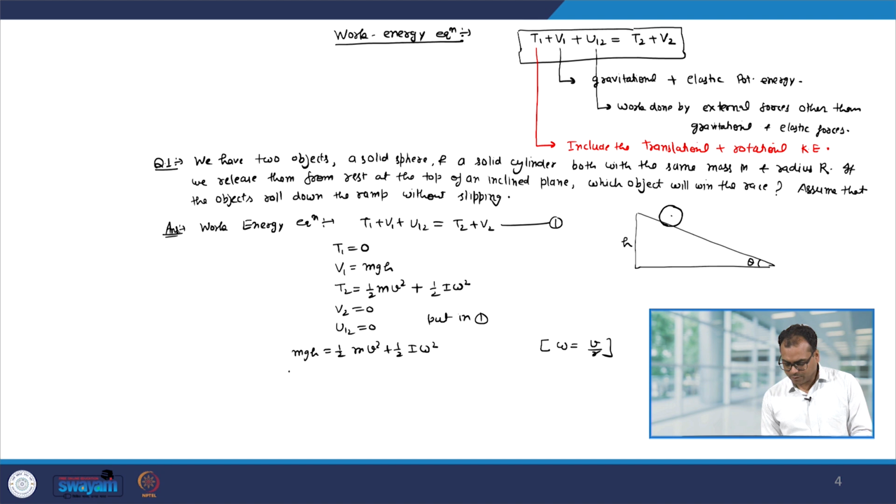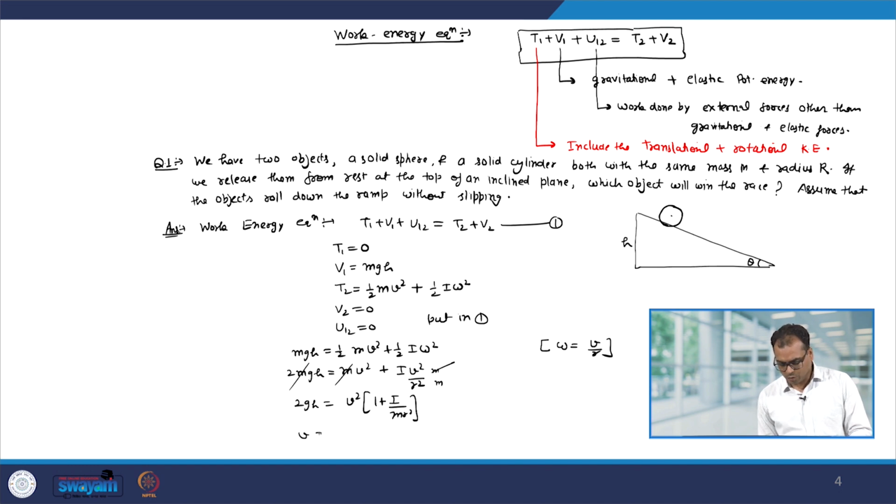So, therefore, I have 2 mgh equal to m v square plus I omega square, with omega as v over r, so v square divided by r square, and let me multiply by m and divide by m. So, that m will get cancelled, and we have 2 gh equal to v square times 1 plus I over m r square, or v equal to square root of 2 gh over 1 plus I over m r square.